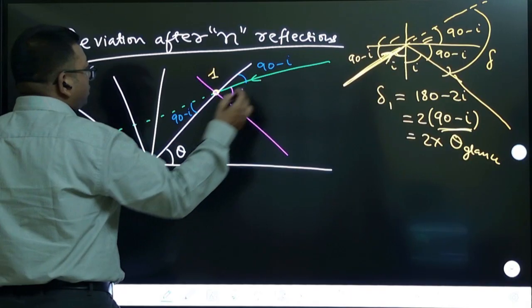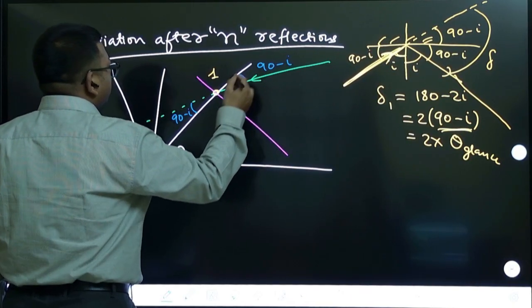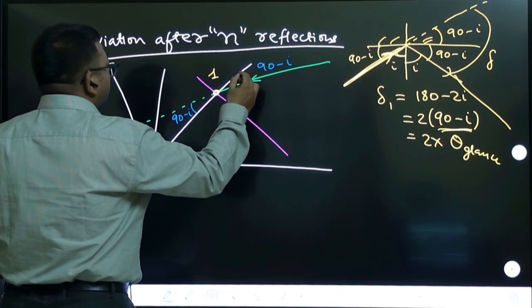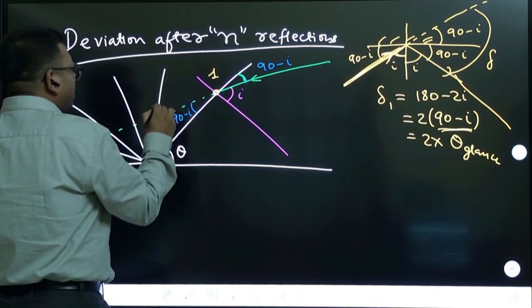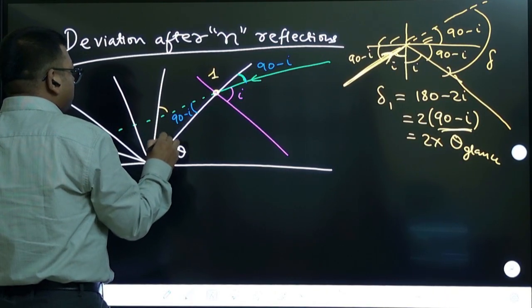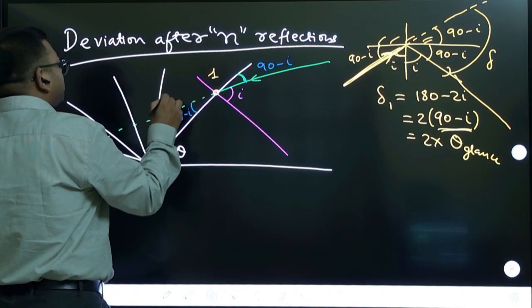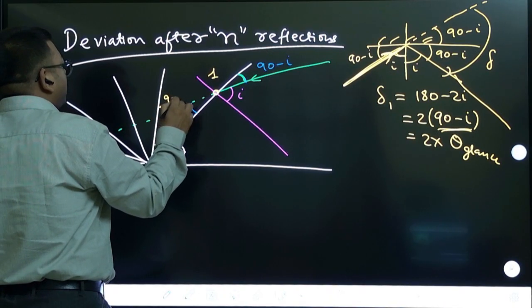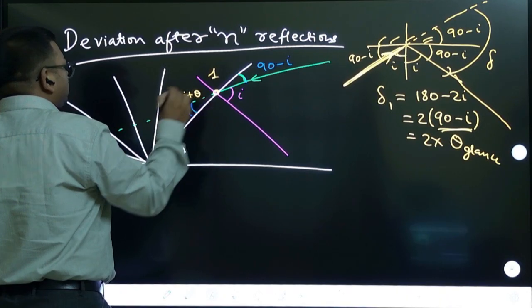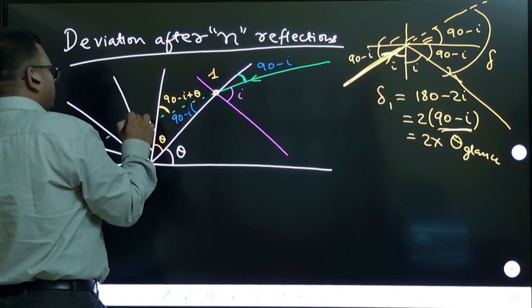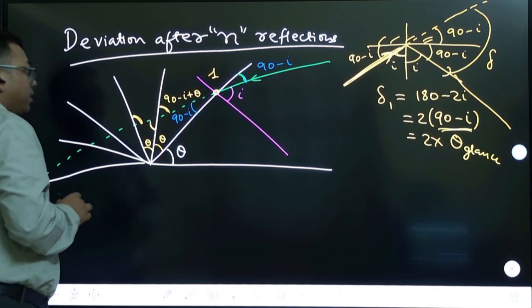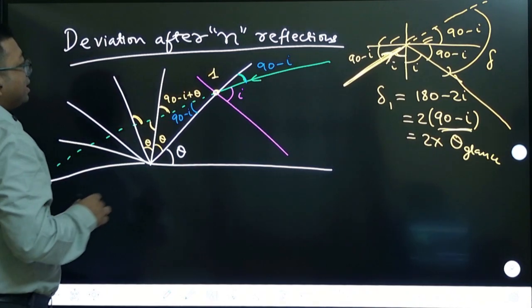Like this ray was making angle 90 minus i. Can we calculate similarly what this angle will be, because this is theta? So this angle becomes 90 minus i plus theta, right? Again this is theta, the same angle, so an extra theta you have to keep on adding. I am writing the glance angle here.